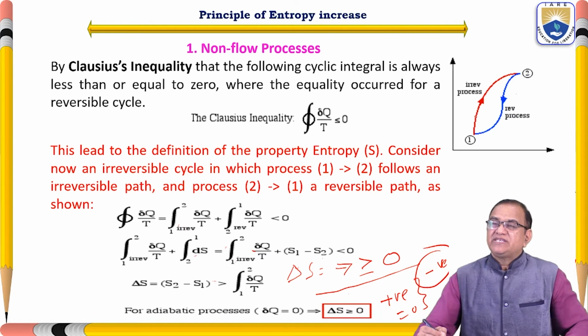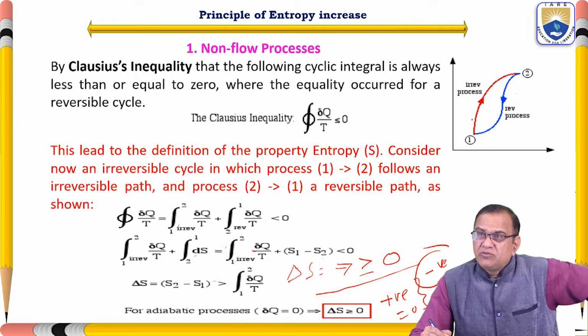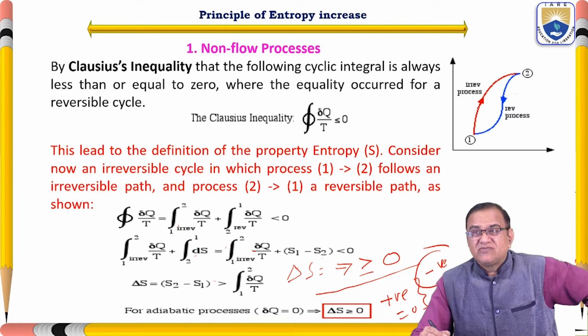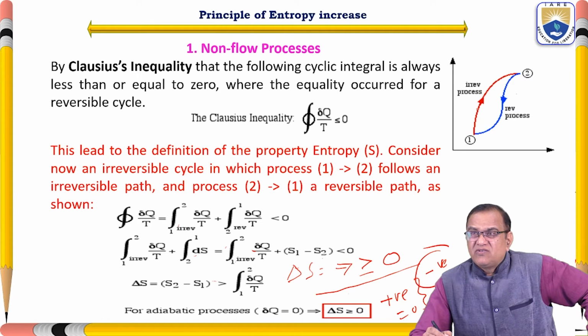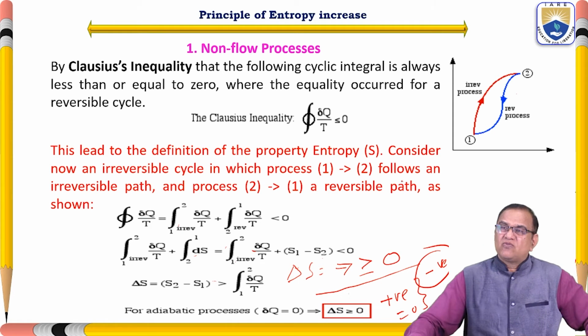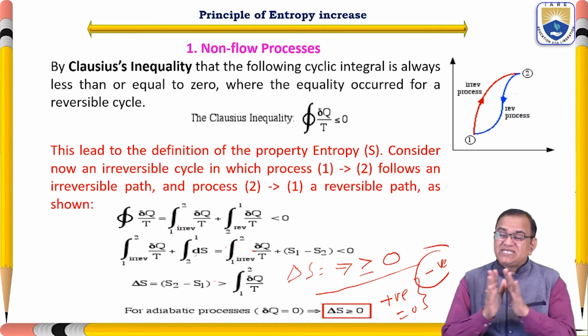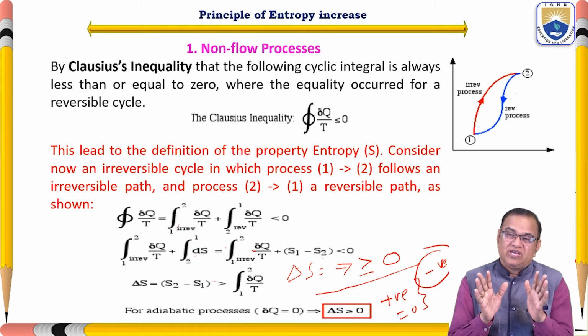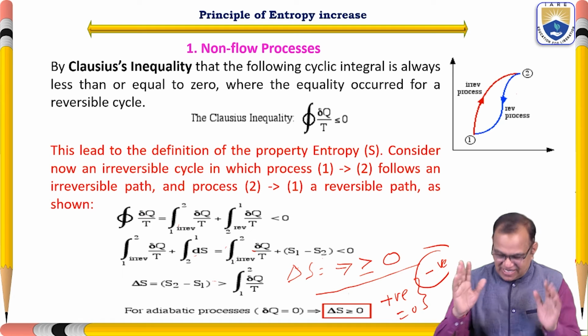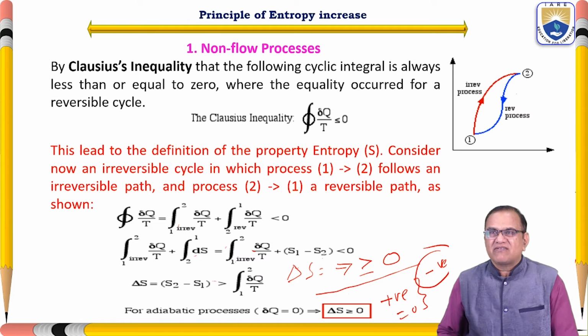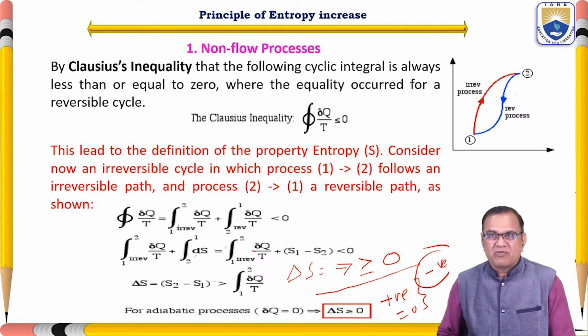So it is here that if any one process is irreversible, your system will be irreversible. So if any one is irreversible, your delta S will be always greater than or equal to 0. So always delta S should be positive. If you are calculating and you are getting a minus, it means there is some issue, you have not considered the sign properly.